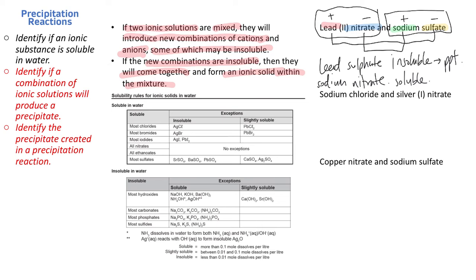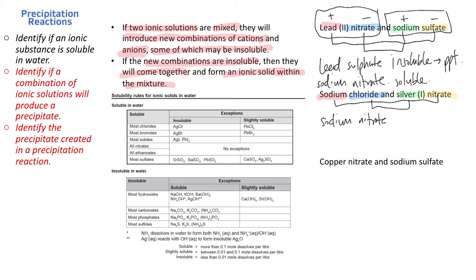Okay, so let's have a look at the next one here. We've got sodium chloride and silver nitrate. So we've got 4 things there. We're going to look at the different combinations again. So we're going to have the combination of sodium nitrate and silver chloride.